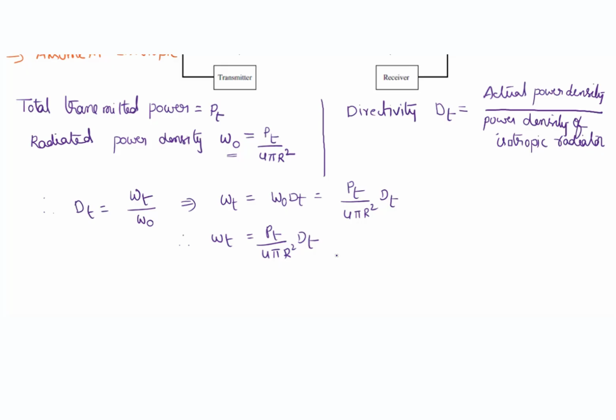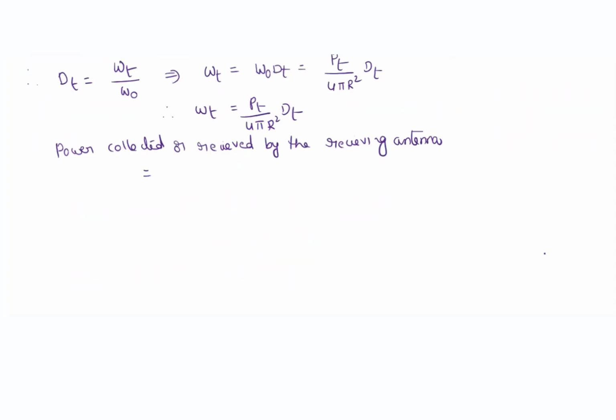Now, we'll move to the power collected or received by the receiving antenna, that is PR, which is equal to the effective aperture of the receiving antenna into the transmitted power density.